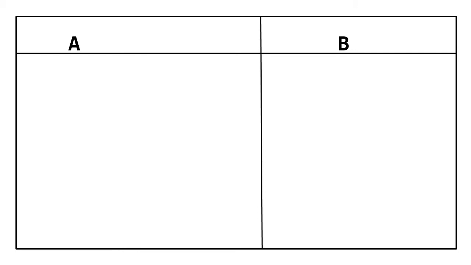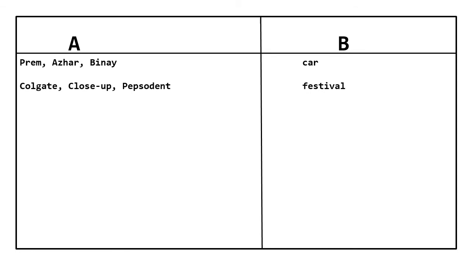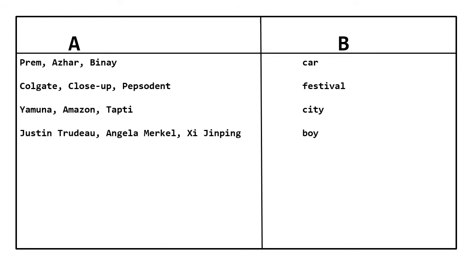First in the A column, Prem, Azhar and Binay. Then Colgate, Close Up, Pepsodent. Then comes Yamuna, Amazon, Tapti. Then comes Justin Trudeau, Angela Merkel, Xi Jinping.